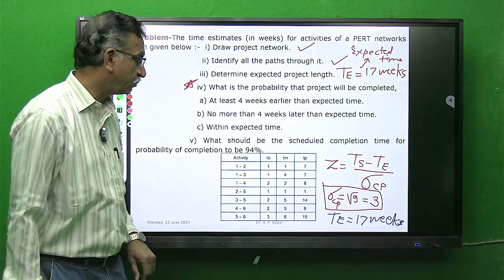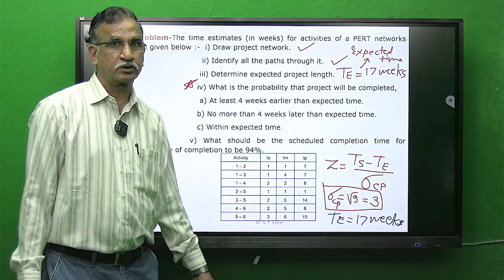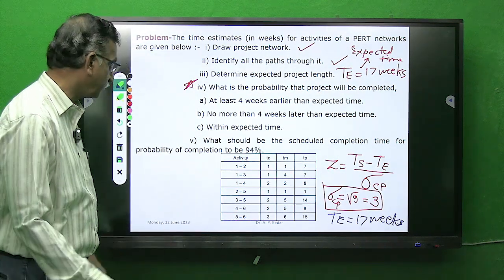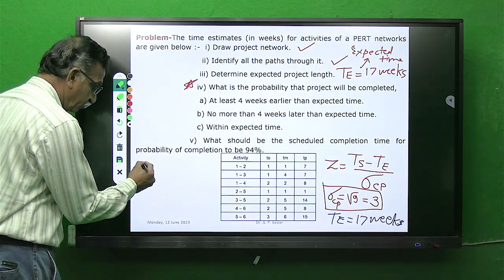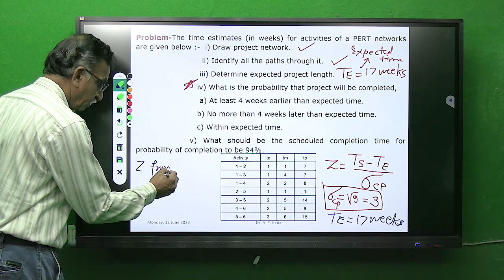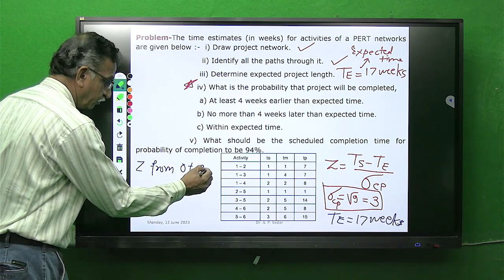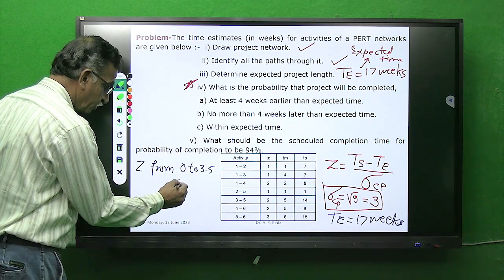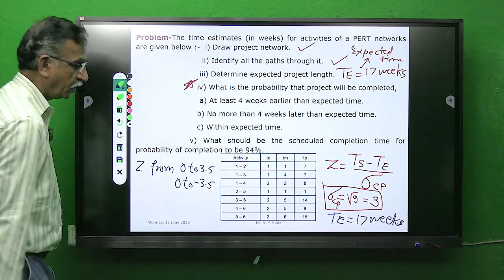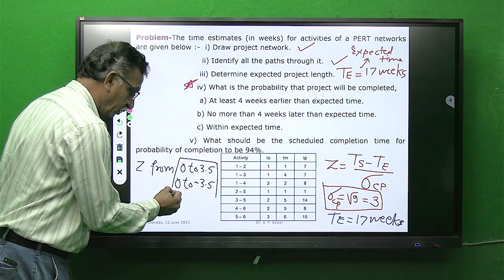Now if you recall my last discussion, this Z is from the normal distribution table, where the value of Z ranges from 0 to 3.5 and 0 to minus 3.5.